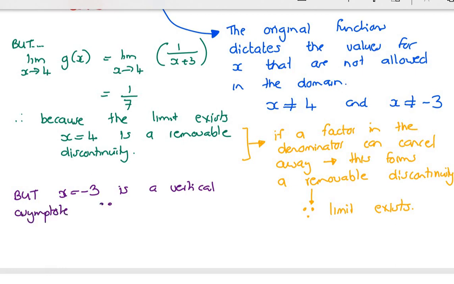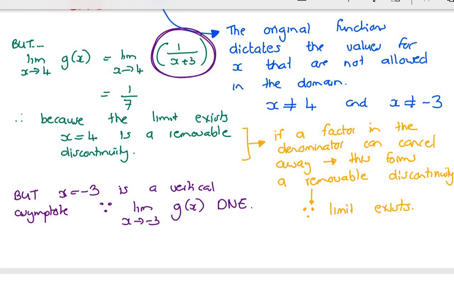And the reason is because the limit as x tends to negative 3 of g of x does not exist. And that's because even if you simplify it to that, you still can't put in negative 3. So when the limit doesn't exist because of a denominator as a problem, you get a vertical asymptote.